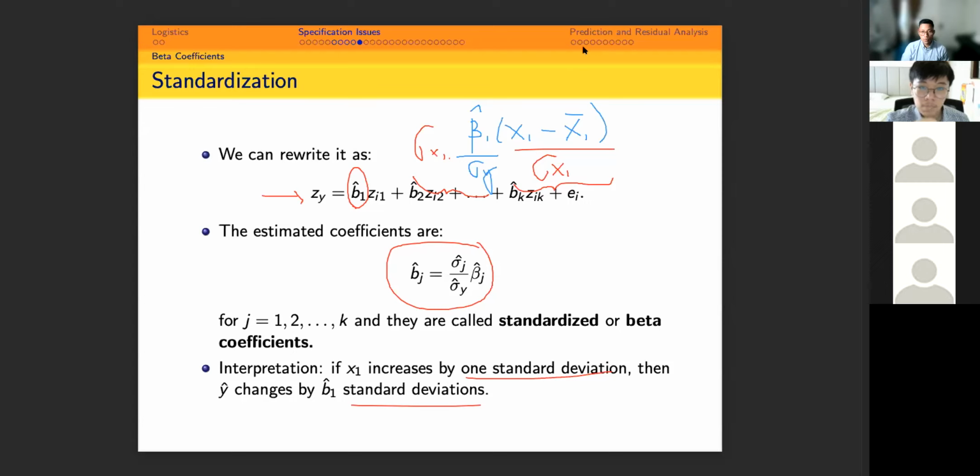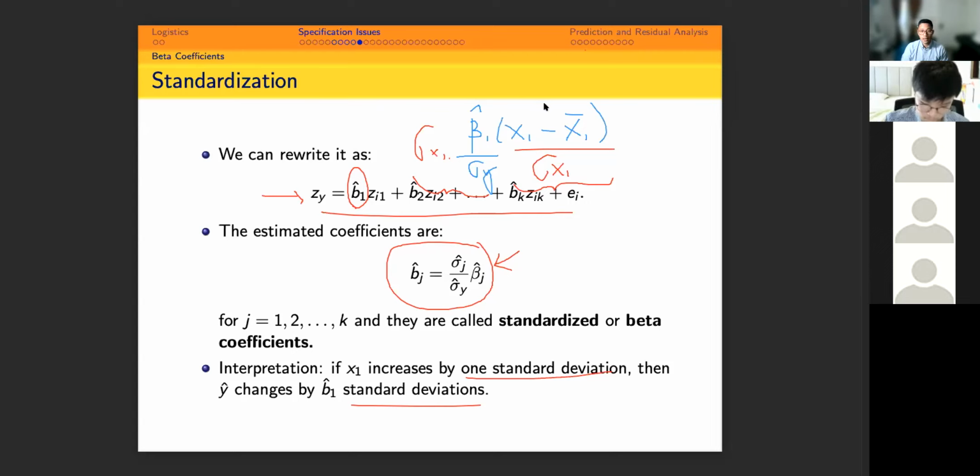What I need you to do is just go back to the previous regression and do it for all the variables in the model, and then you can see the final equation as the following, where b hat j is called the standardized coefficient, which is a ratio between the standard deviation of xj and the standard deviation of y, multiplied by the estimated beta hat j.